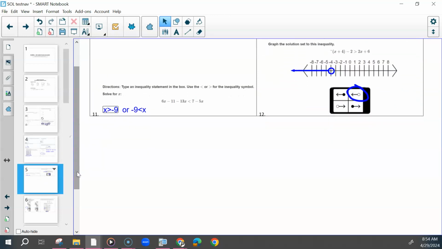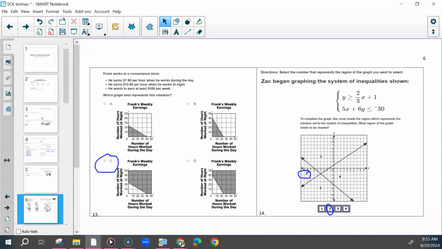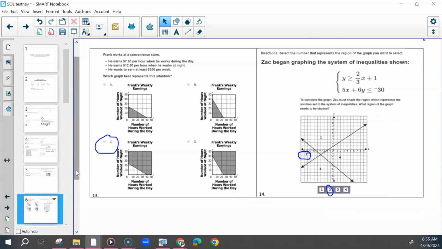11 was x is greater than negative 9, or you can write it the other way, negative 9 is less than x. And then with 12, you needed this ray put on the number line at negative 4 going to the left. And then 13 was C. And 14, the region was 2.